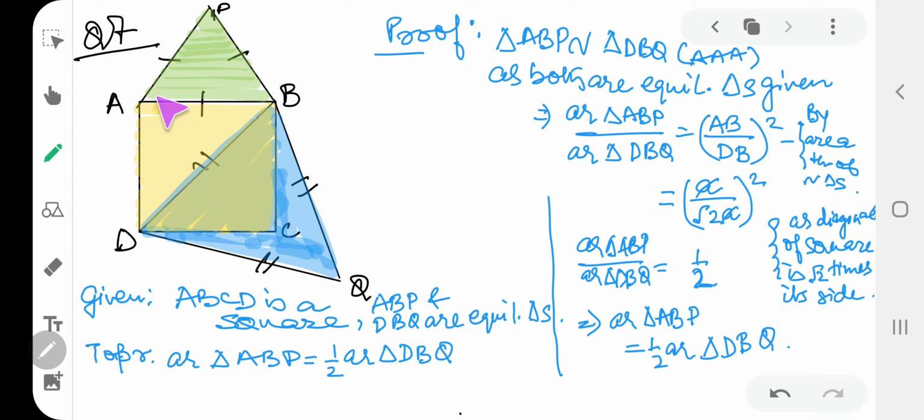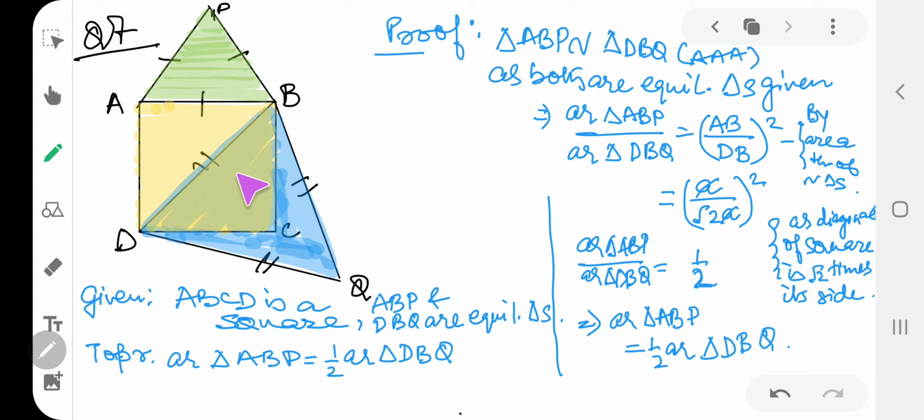It is an equilateral triangle, so all the three sides are equal to AB. And here DB is the diagonal of the square. And again an equilateral triangle is made taking all its sides equal to BD. Therefore, BD, PQ, DQ all are equal and this is again an equilateral triangle.